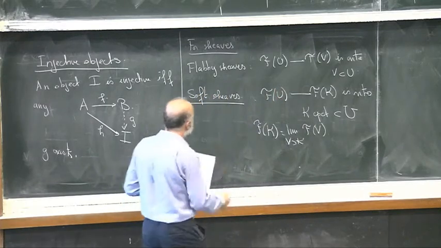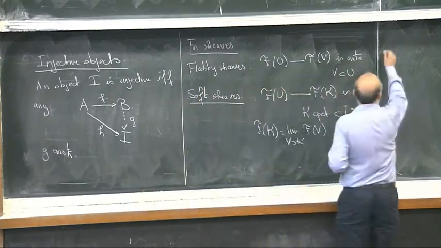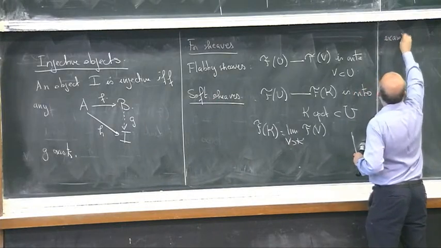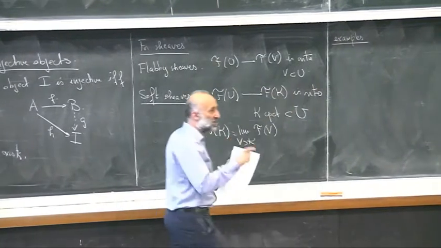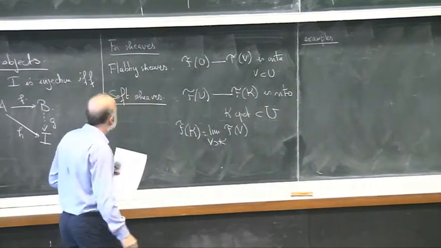So you should think of F(K) as the set of germs in the neighborhood of the compact set K.